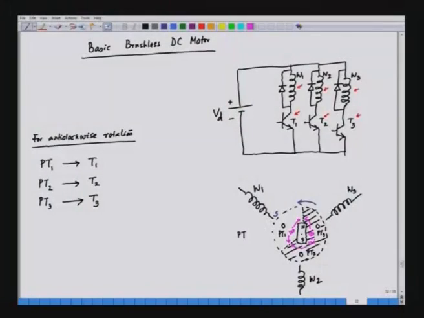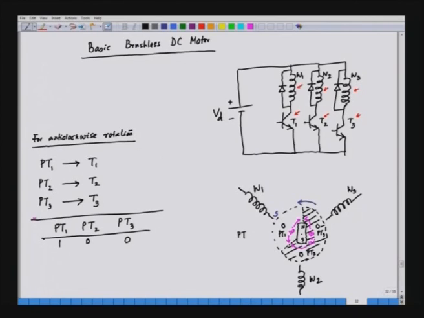As a result, sometimes PT1 will be high, PT2 will be high after some time, and PT3 will be high. In fact, if we try to see the signal in this case, the signal will change in the following fashion. Say PT1, PT2 and PT3. How do the signals change? Initially we had 1 0 0. At this present situation, PT1 is lighted.